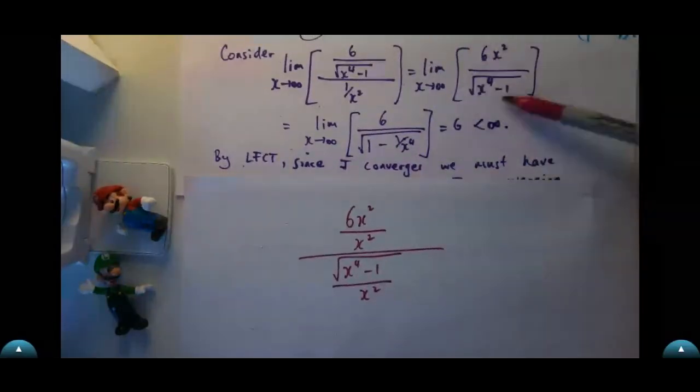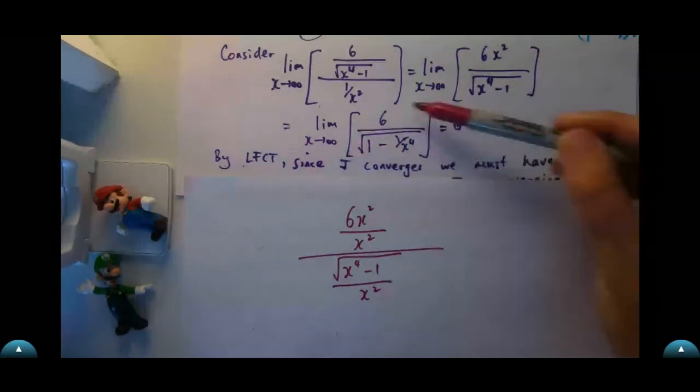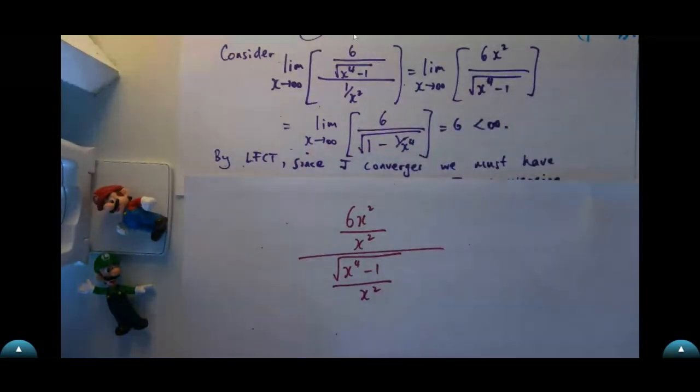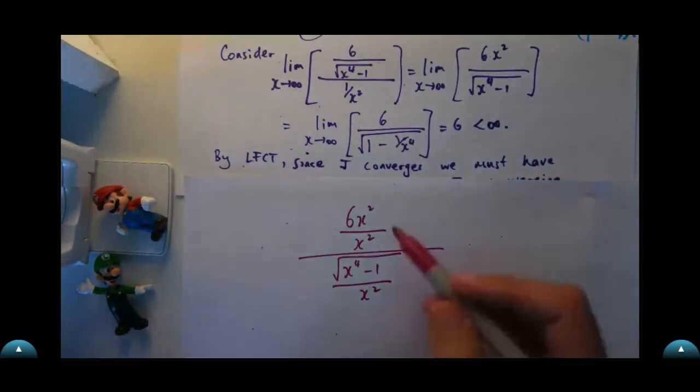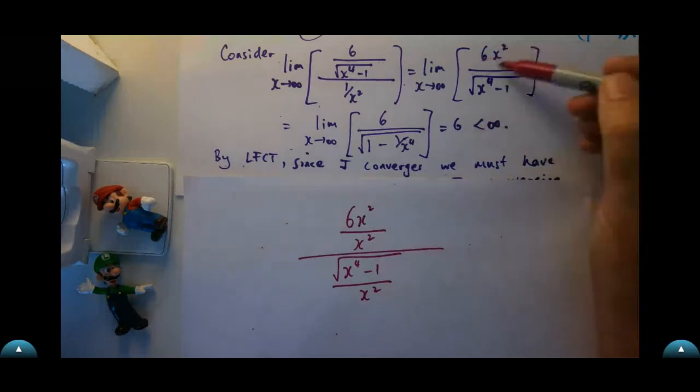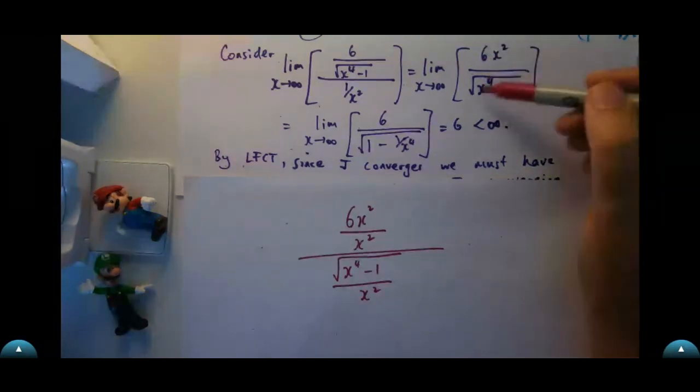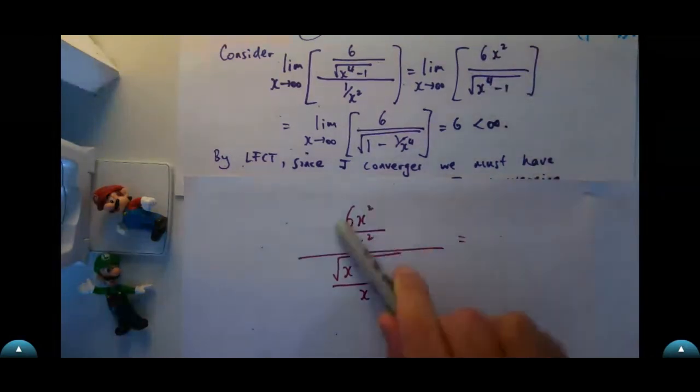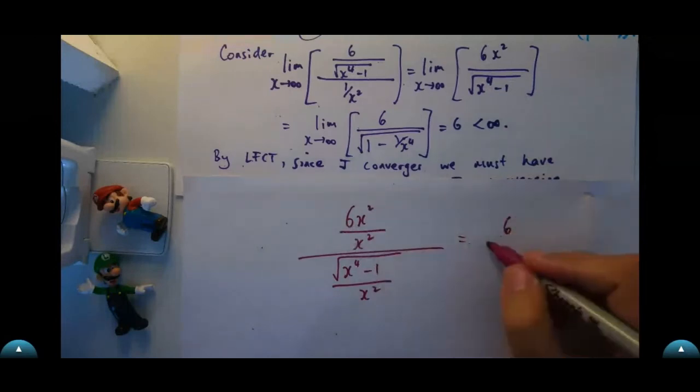Oh, hang on. Let me share my screen. Sorry. So the question is, how did we get from here to here? So I divide top by x squared, divide the bottom by x squared. So this is going to be 6, right?